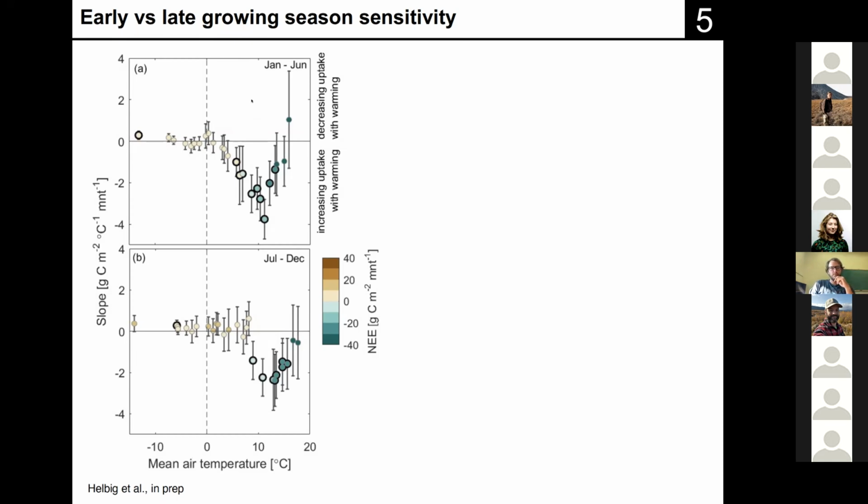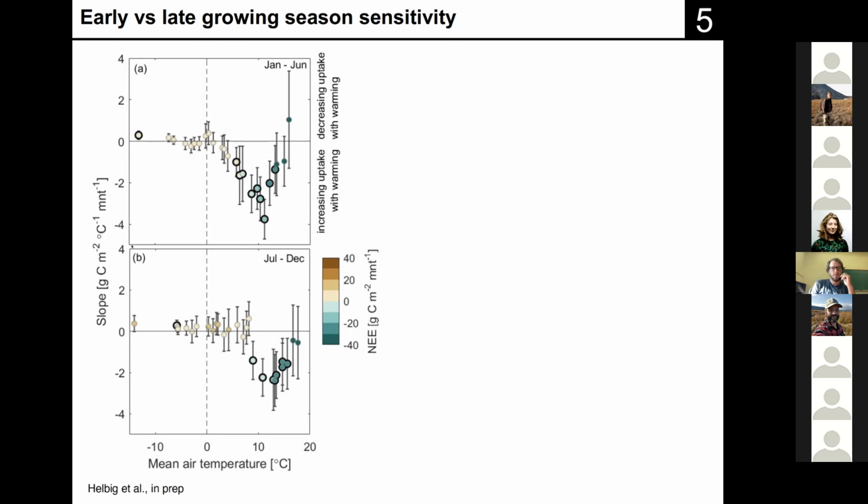Here on the top, you see the first half of the year, and you see that there's a small positive relationship, meaning less net CO2 uptake with warming. And then you see pretty much about 0, and you start with that response. There's more net CO2 uptake with warming. And then you hit a peak. And then towards the really warm temperatures, you go again towards almost no sensitivity to temperature.